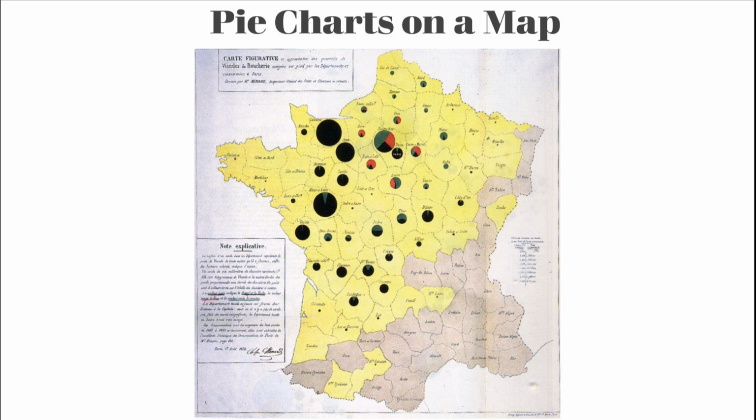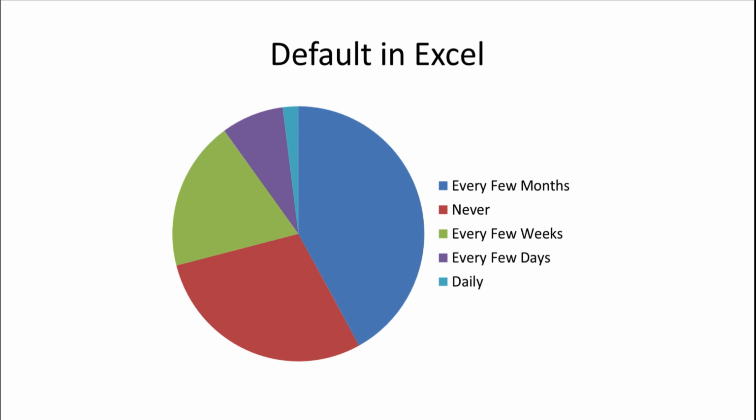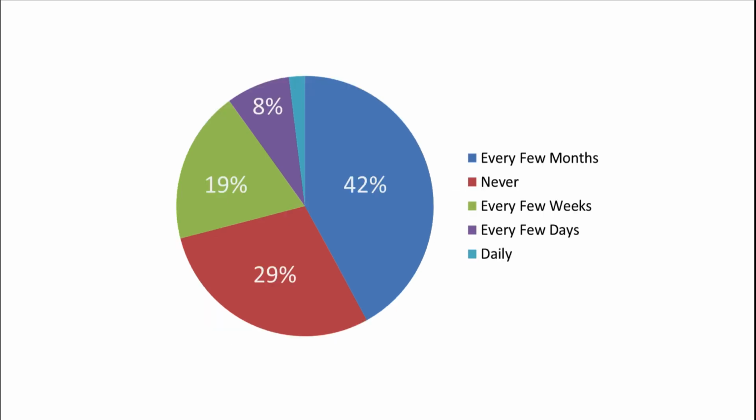Now in Excel, if we try to plot in Excel, this is how the default setting looks. We can add data labels to make it a bit more useful, but now we have learned that pie charts aren't great in comparison, so let us look at the options for how we can convert this.